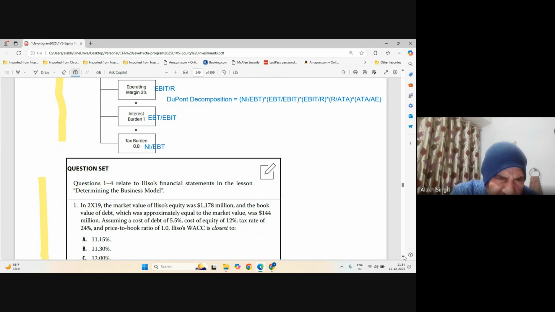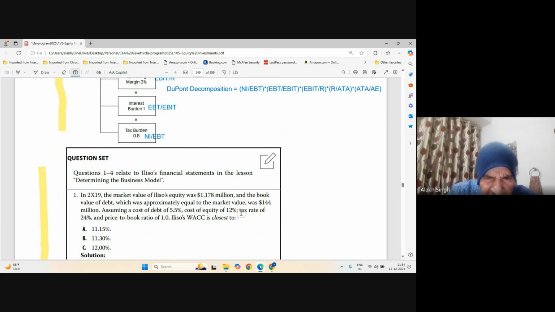Again, I will have to go to the beginning. The market value of the company's equity was this much, and the book value of debt. Let's say in 2019, the market value of equity was 1178, and the book value of debt was 144.